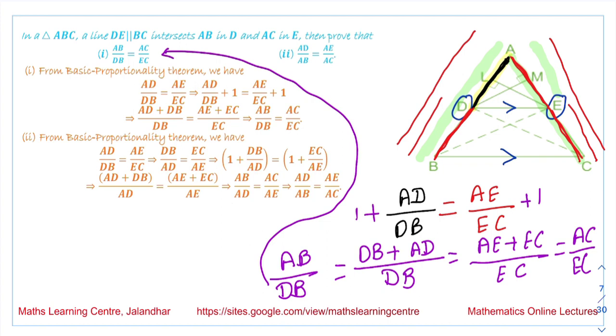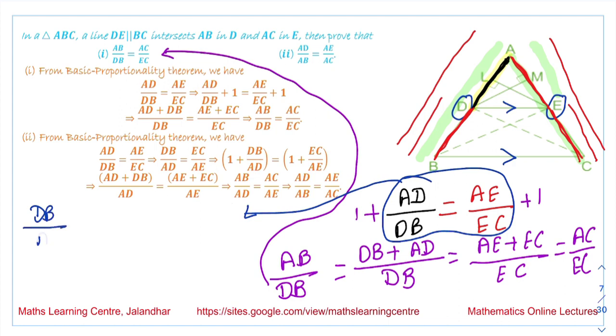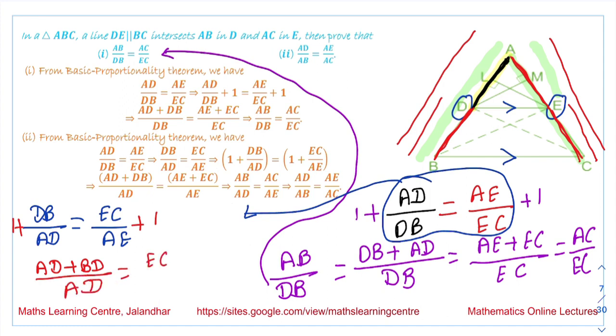Now we start with the same equation over here, and we write DB over AD equal to EC over AE. These two values are equal. Now again if we add 1 to both sides, we get AD plus BD over AD is equal to EC plus AE over AE.